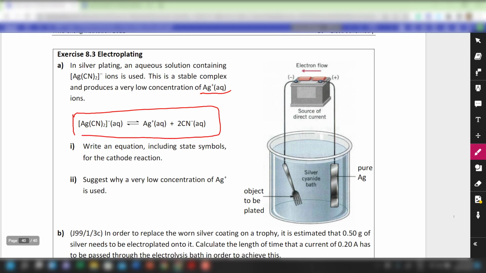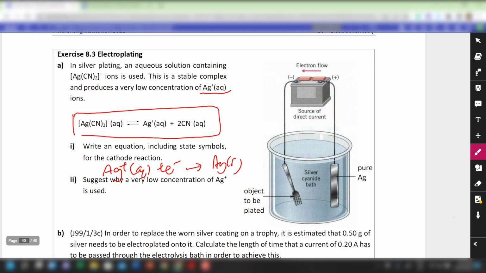So write an equation including state symbols for the cathode reaction. So of course, at the cathode, I would just expect silver aqueous to be reduced to silver. Okay, so explain why a very low concentration of silver plus is used.